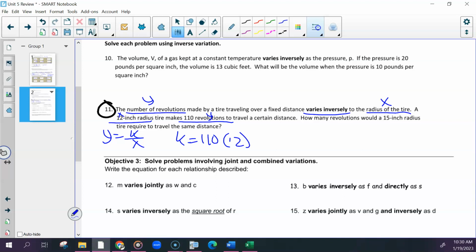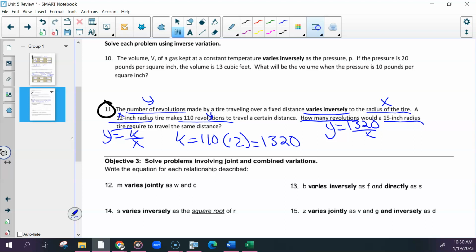Multiply that. Tell me what you get for k. Put that in for k in your equation. And then it's asking how many revolutions would a 15-inch radius tire require. What are we looking for, x or y?